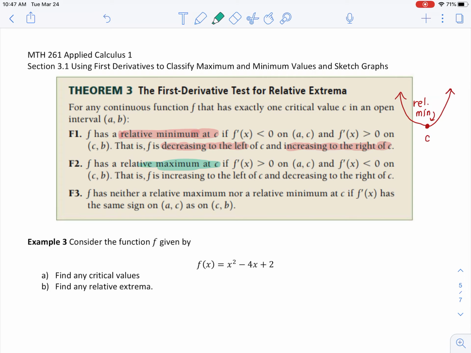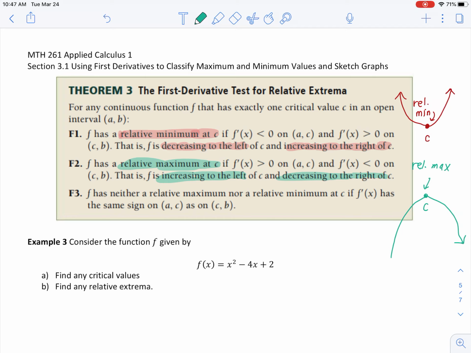This point C is a relative maximum if it's increasing to the left and then decreasing to the right of C. So if this is your C right here, it's going up, increasing to the left of it, and decreasing to the right of it. If you have a picture like that, then we call this a relative maximum.